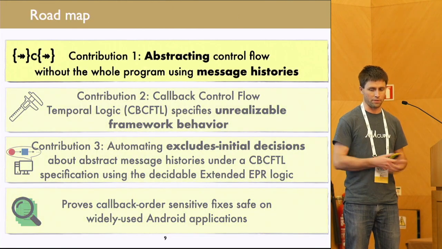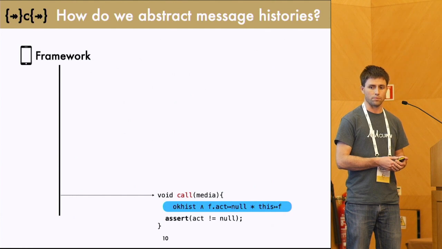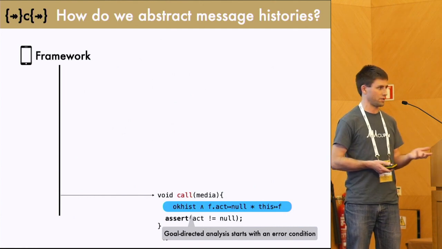So first we'll dive into this control flow without the whole program using message histories. How do we abstract message histories? We do a goal-directed analysis starting with an error condition just before the assertion failure.